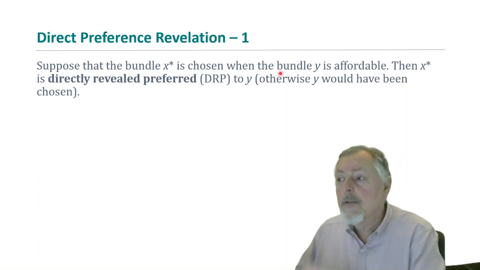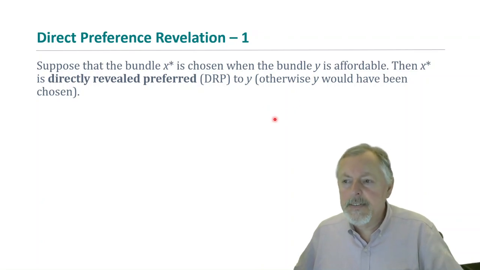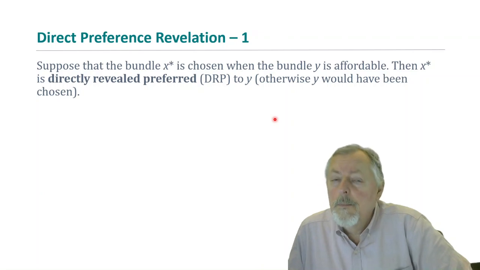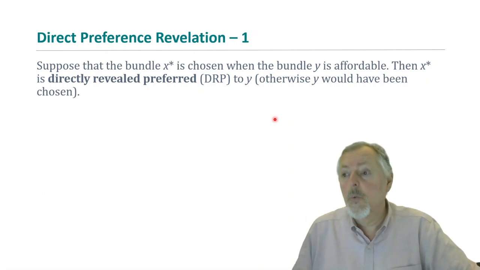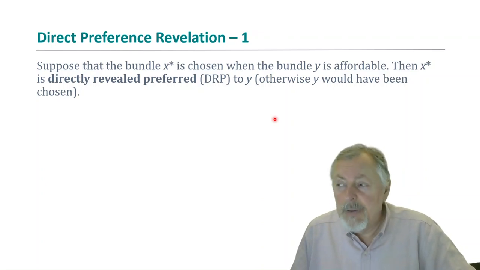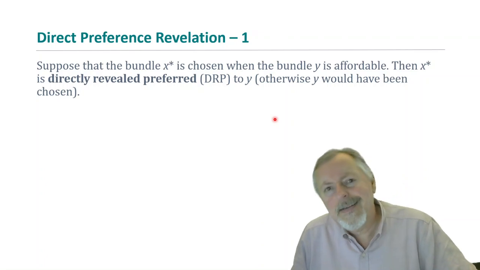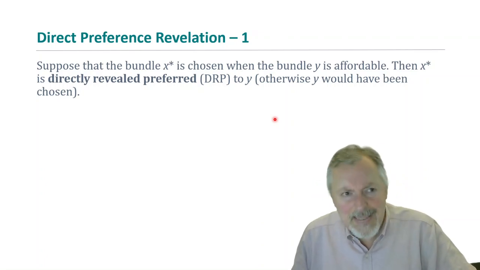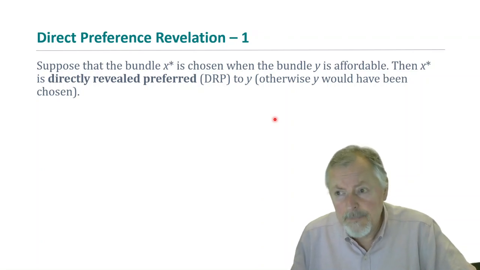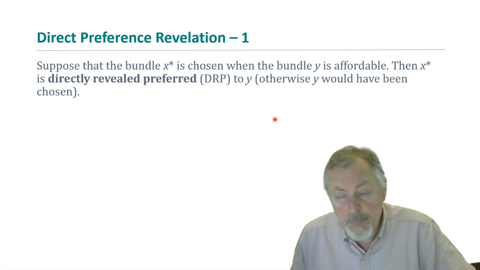Now, let's say bundle X is chosen and bundle Y was not chosen. We know bundle X was affordable because you picked it, but bundle Y was not affordable. Then the fact that you chose X doesn't tell you anything about your preferences between X and Y. Today, I bought a Coke.